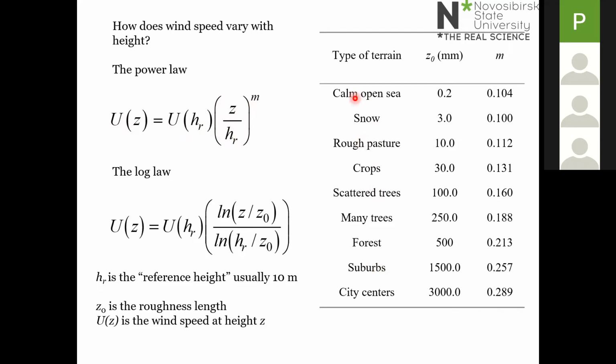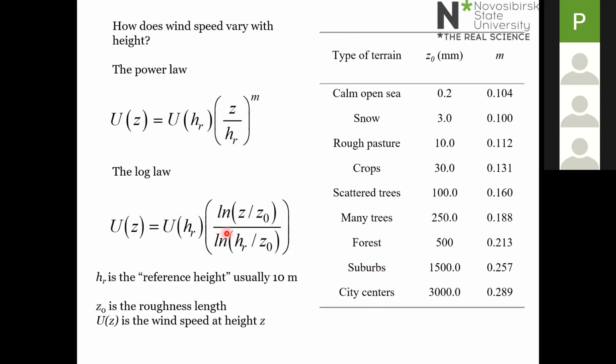In other words, if we have a relatively smooth surface like calm open sea, the value of M is relatively small. When we move to much rougher conditions, and about the worst on the planet, the centers of cities, then the roughness factor M is much greater.